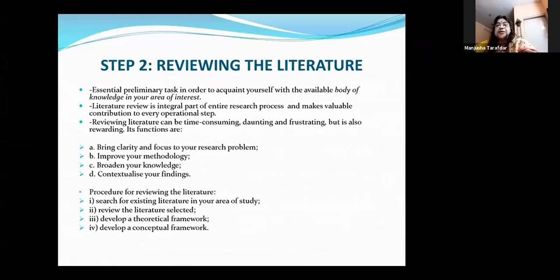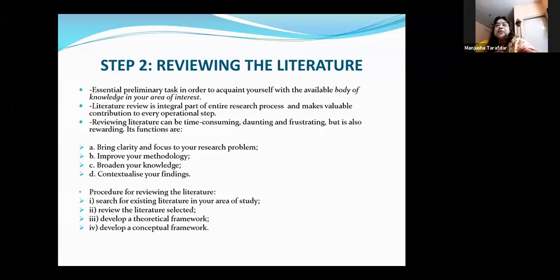So, procedures for reviewing the literature. Search for existing literature in your area of study. Review the literature selected, which are of interest. The topic you have chosen, you must find out different types of literature.